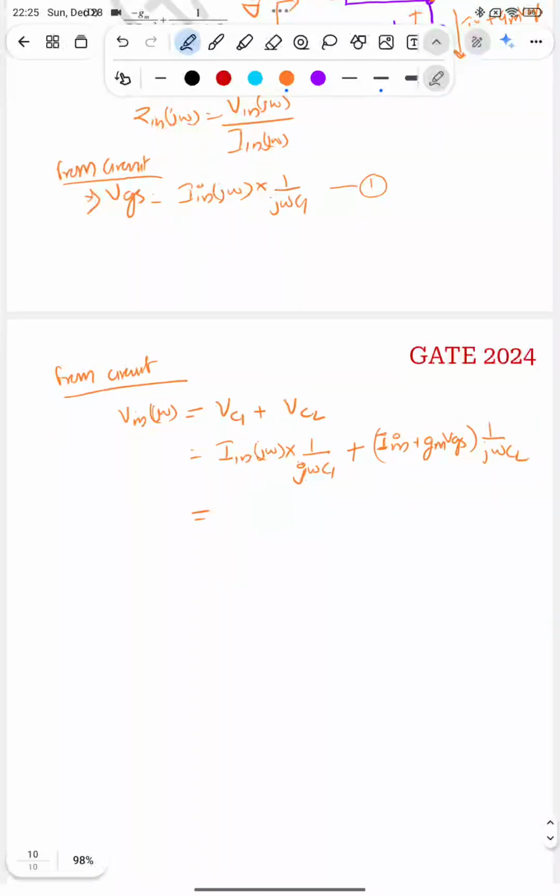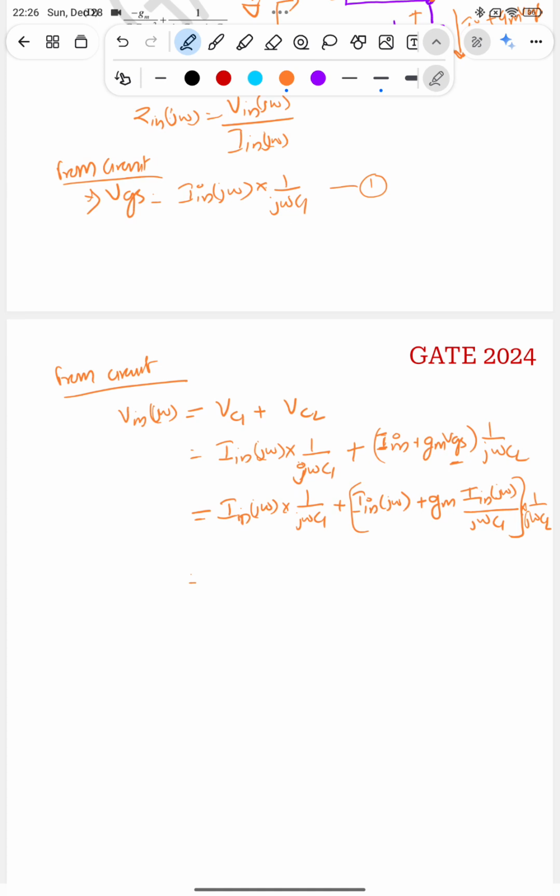Fine. So let us substitute the voltage VGS from equation 1. It will be I in of j omega into 1 by j omega C1 plus I in of j omega plus Gm into VGS, which is I in of j omega by j omega C1 from equation 1, that into 1 by j omega CL.